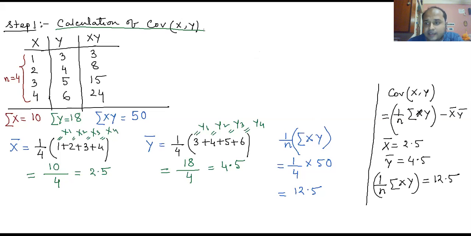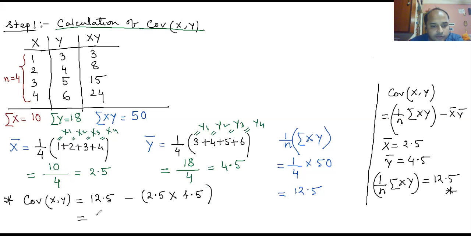So ultimately, we can write that covariance of xy is equal to 1 by n summation xy, this portion which is 12.5, minus x bar, that is 2.5, into y bar, that is 4.5.